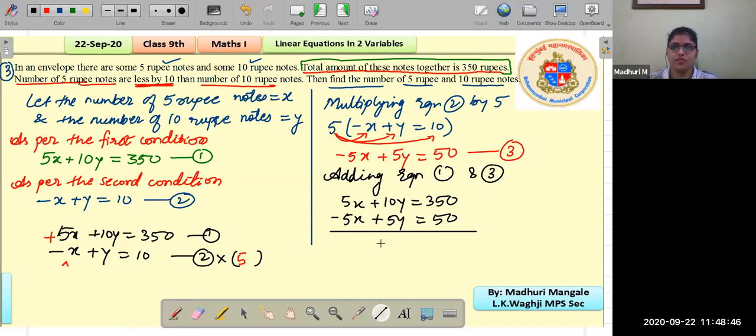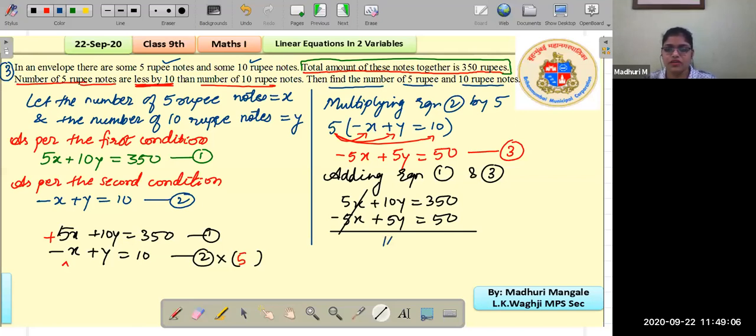Okay, I see you all are raising hands. That means you are solving, you're getting the answers right. 11 participants, 12 of you are raising hands, great. So minus 5x and plus 5x will get crossed out. What are we left with? We are left with 15y.